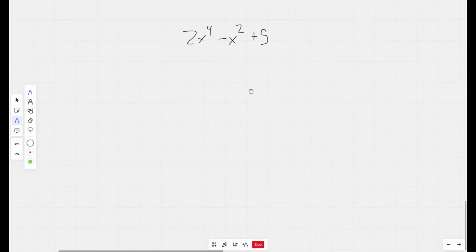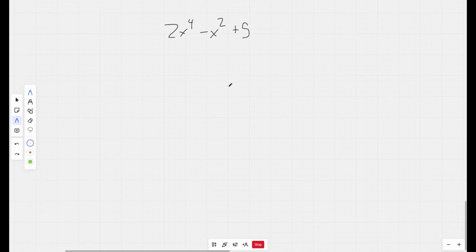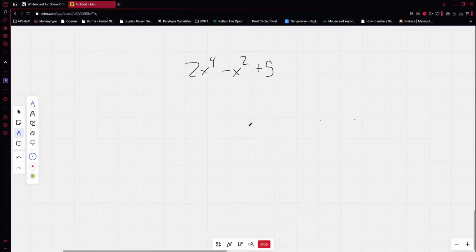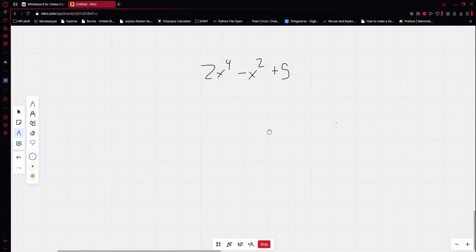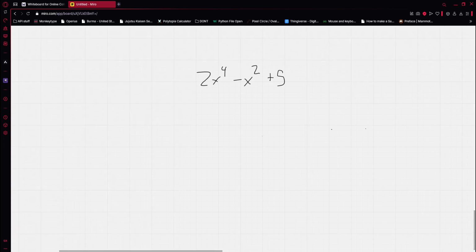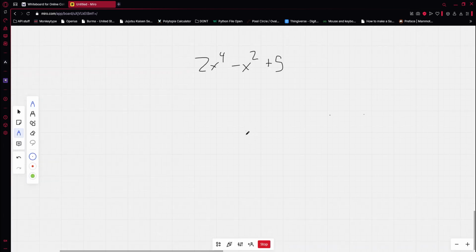Looks even to me. What's interesting about even and odd functions is that they follow some patterns. So let's go x1, x2, x3, x4, x5.